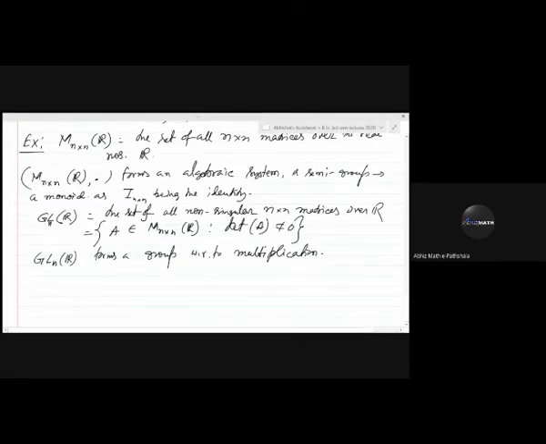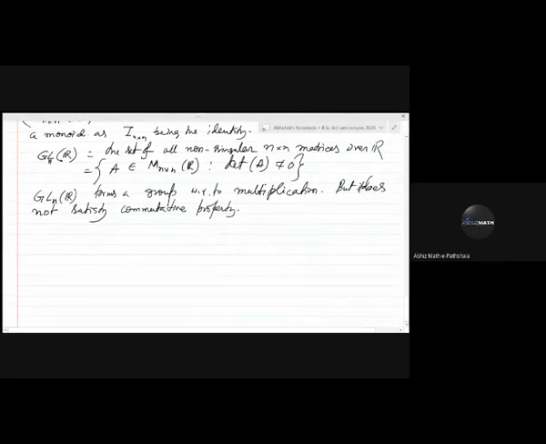So that is why GLnR forms a group with respect to multiplication, but it doesn't satisfy commutativity.